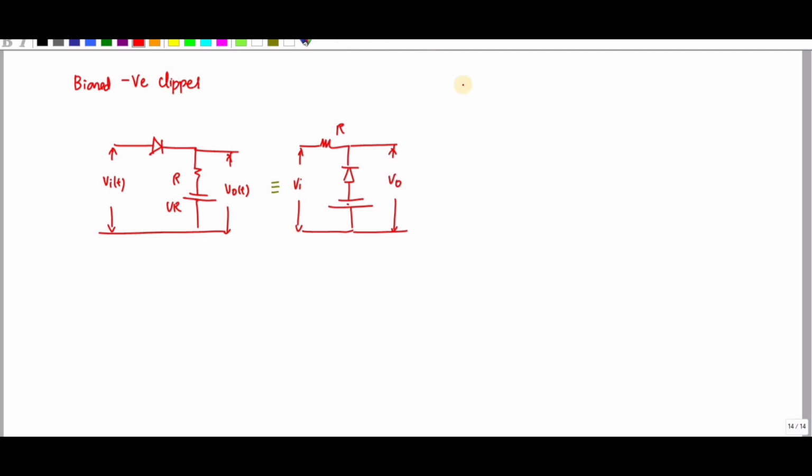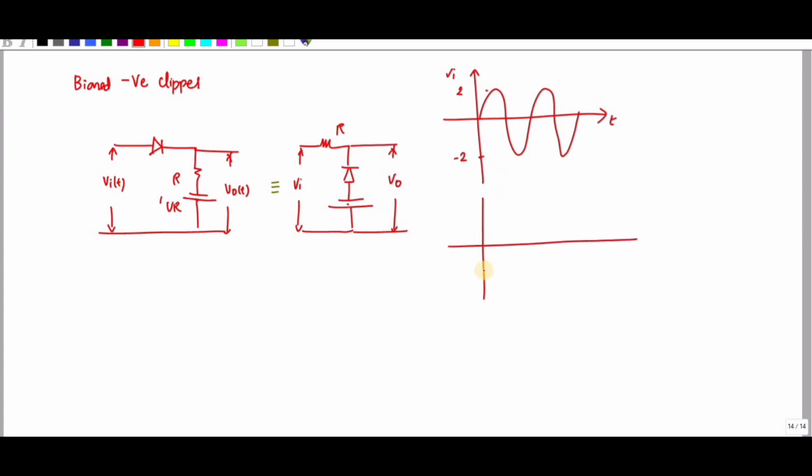So this is how the input signal is, and let me assume this is 2 and this is -2, and this is 1 volt. VR is nothing but 1, that is -1 volt. And you know that this is nothing but a negative clipper.